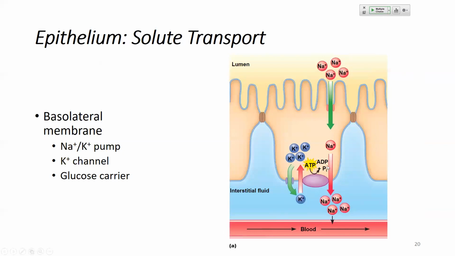Also present on the basolateral membrane are potassium channels, and these are ion channels. So these are going to be moving potassium according to its gradient. These are leak channels, as well as a glucose carrier. What type of transport is that glucose carrier an example of?